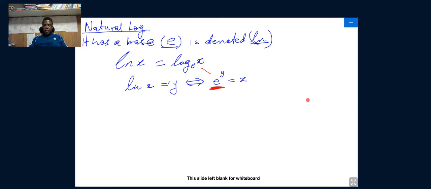They are similar to the properties of logarithms. So, properties of natural logs.